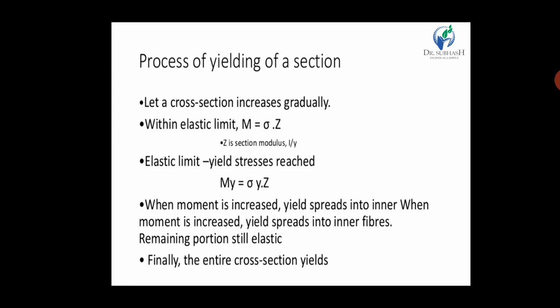So My = fy × Z. When the moment is increased, the yield stress moves into the inner fibers, while the remaining portion is still elastic. Finally the entire cross section yields.